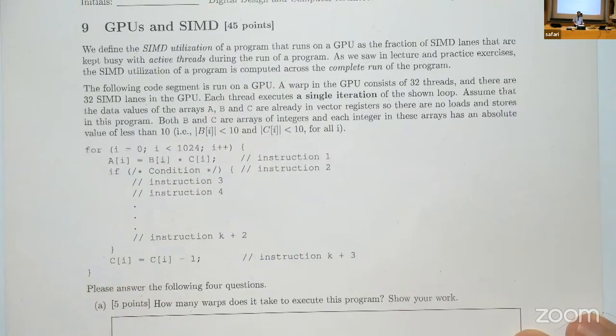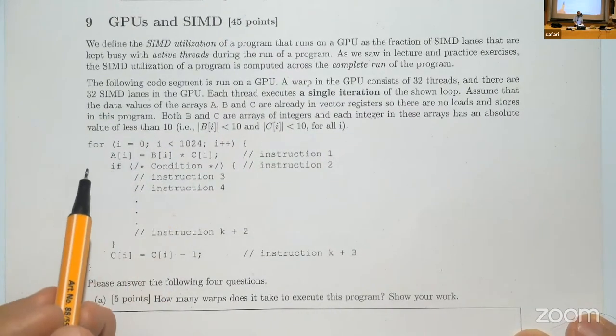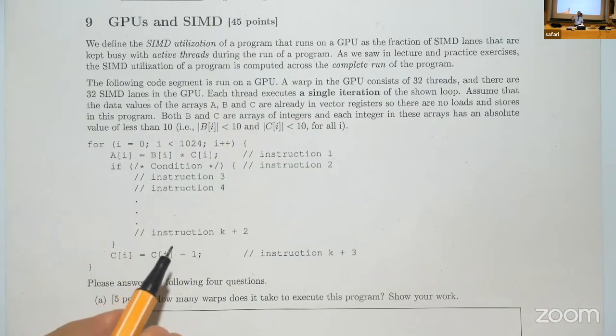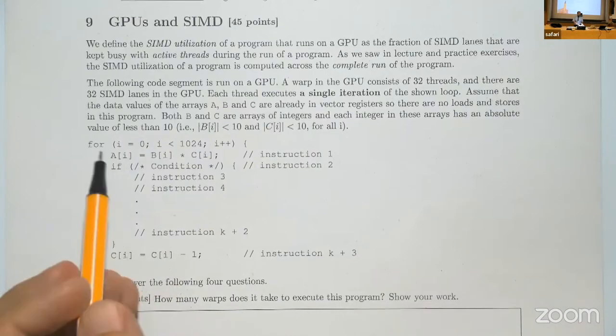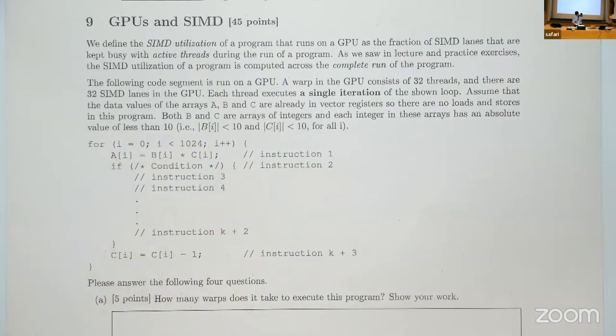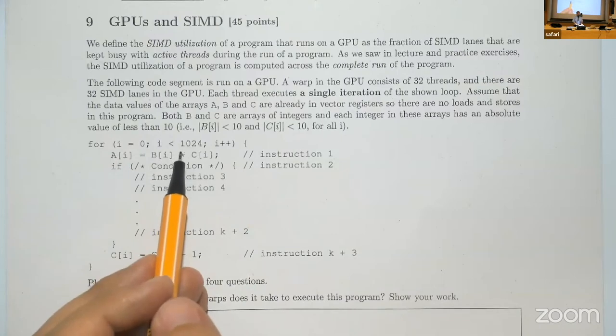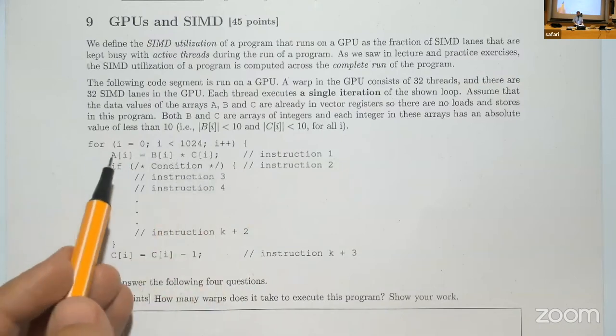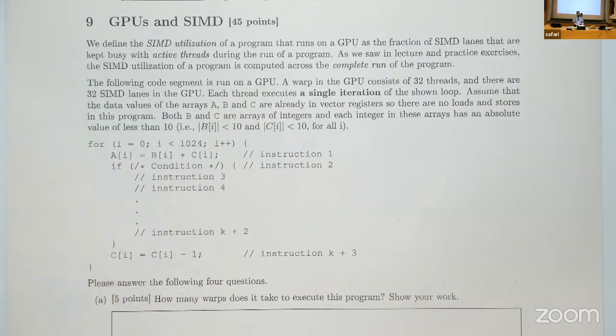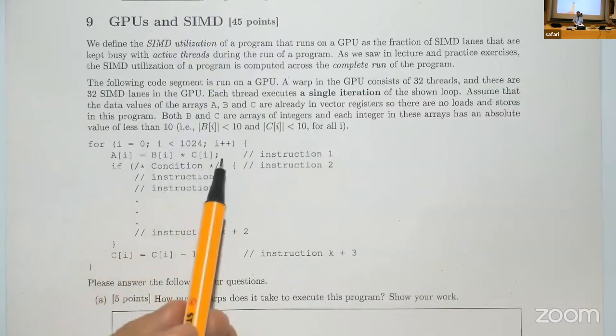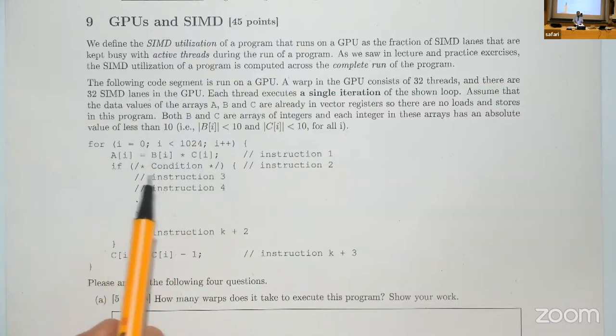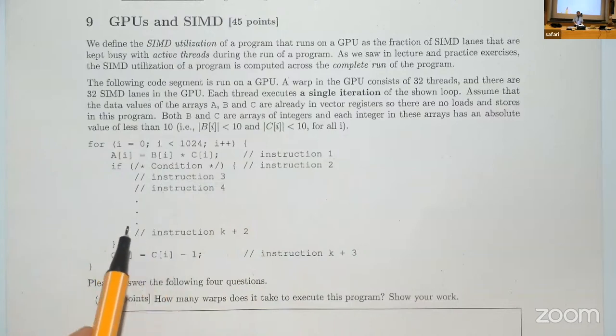Usually we have a code that you need to analyze. Here in this code, you can see that this is a C code that is going to be offloaded to a GPU kernel. You have a for loop where the number of iterations is 1024. In each iteration, we have several instructions. First this simple instruction, then an if condition instruction, and some instructions inside the if block.